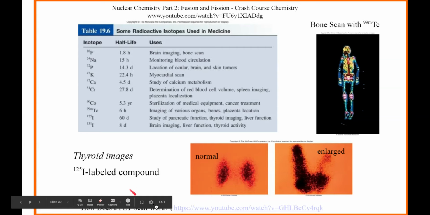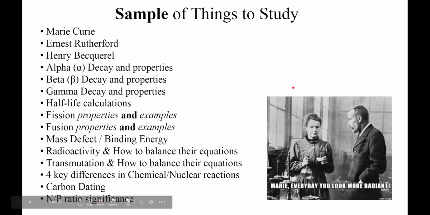They give you something that emits positron particles, and it can scan for that. Or if you need to image your thyroid, they'll give you iodine, and it goes to your thyroid and emits beta particles.